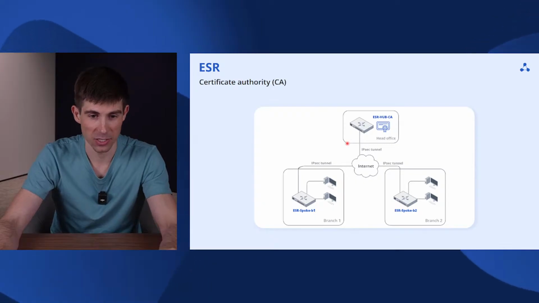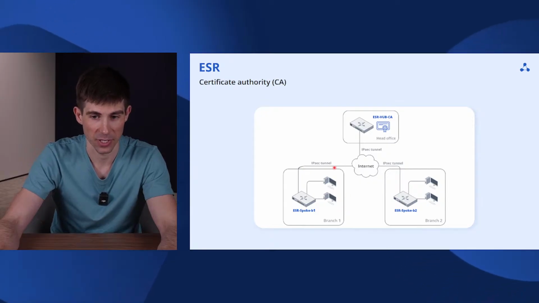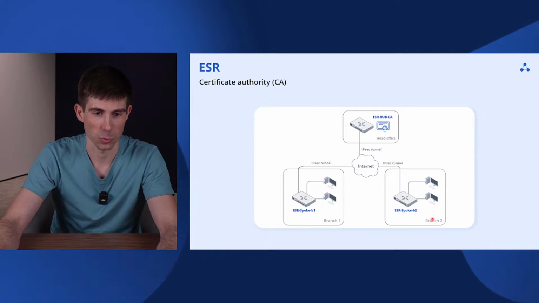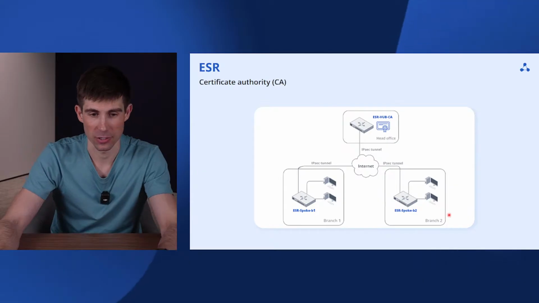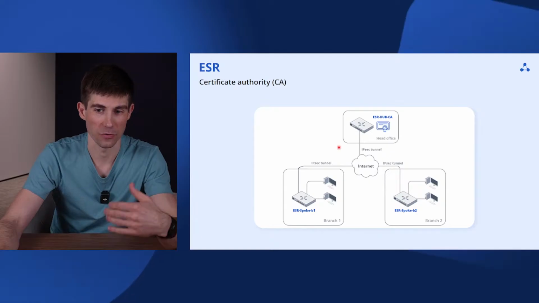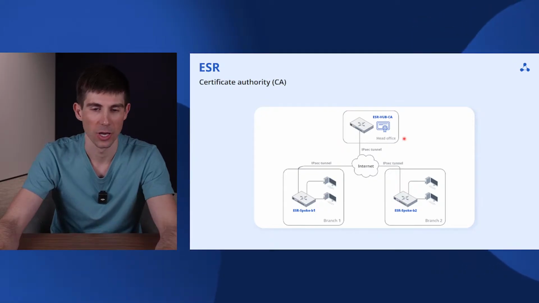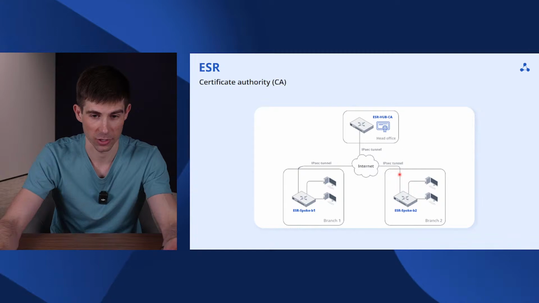In this case, the spoke will use this certificate to authenticate itself during IPsec and other tunnels, SSL, SSH, you name it, and the peers will be able to verify that they are what they are, because all the management is happening on the hub. So certificate renewal, certificate revocation, there is no need to call a third-party certification authority in order to verify that this certificate is active and trusted.